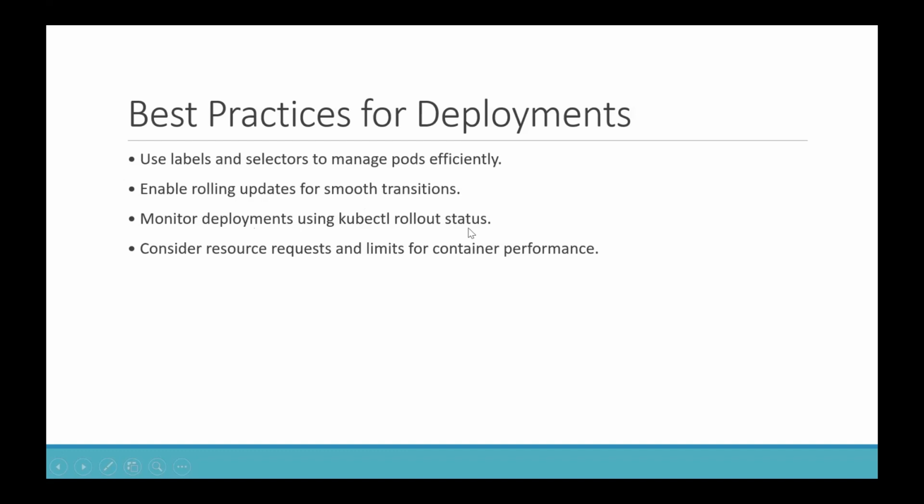It will show you how your pods are being created, which pods are being destroyed, and all these things. Consider resource requests and limits for container performance. You can specify inside your pod specifications, like how much CPU this container should be using and all.